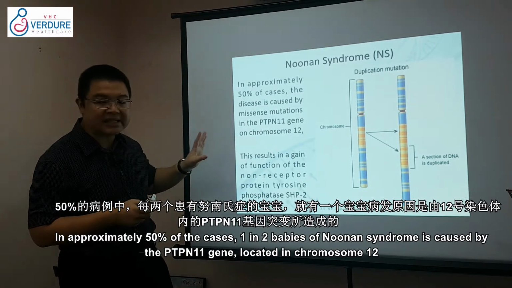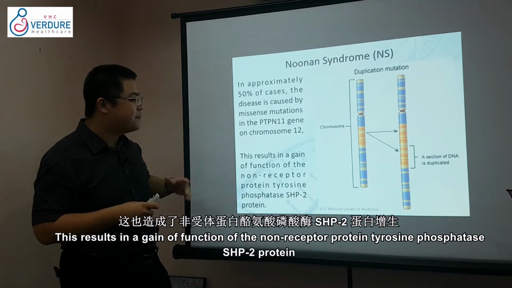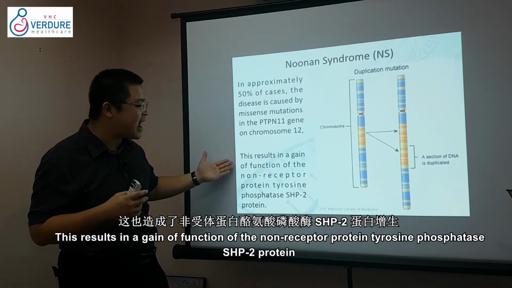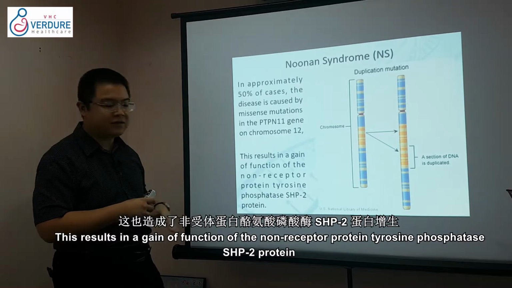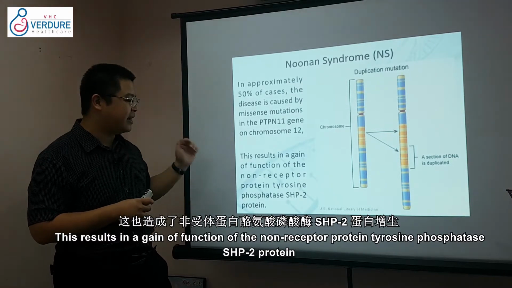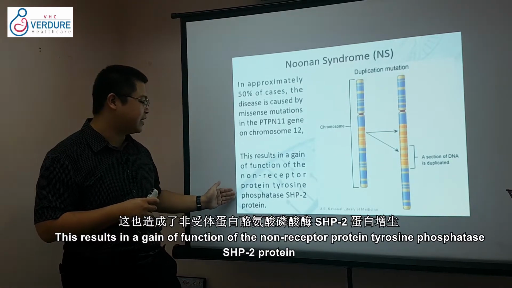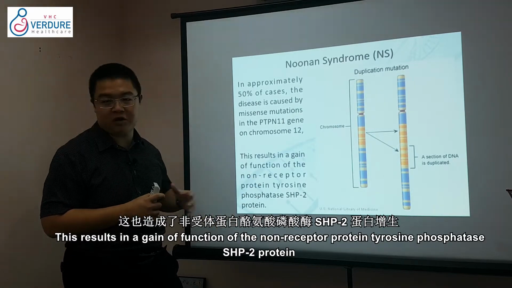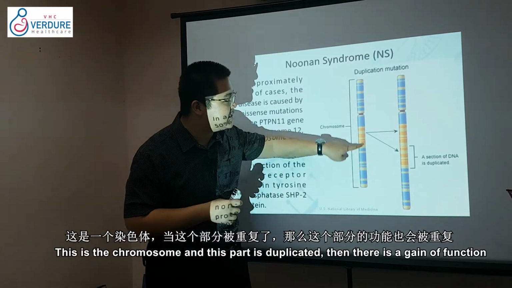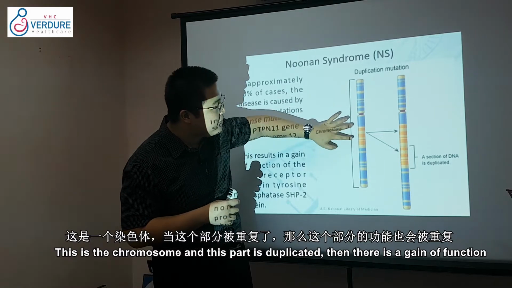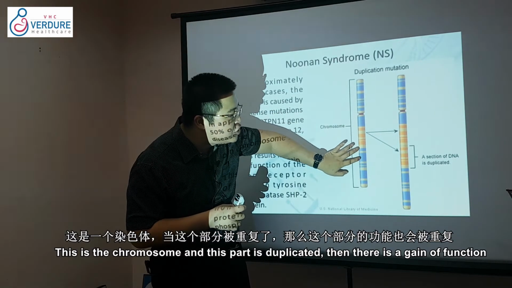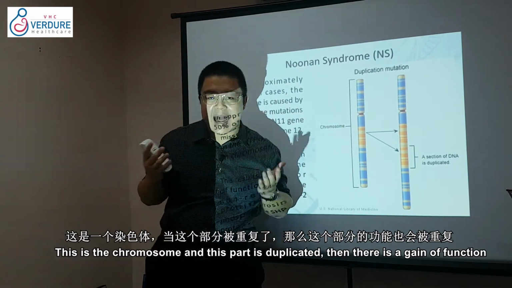Obviously this is located in chromosome 12, but this is a gain of function of the non-receptor protein tyrosine phosphatase SHP2 protein. As you can see, this is the chromosome, and when this part gets duplicated, there is a gain of function.